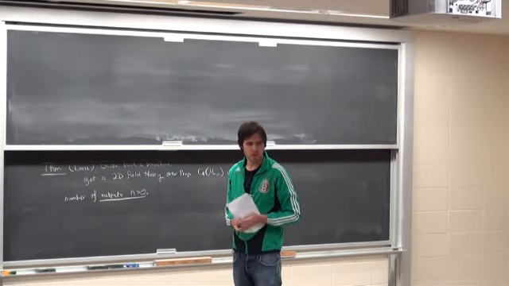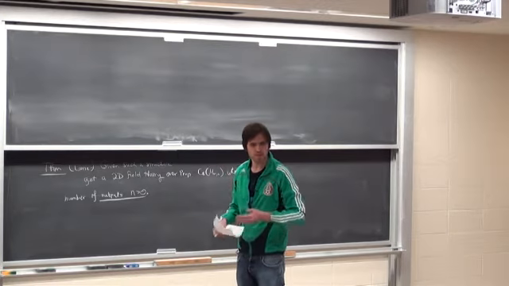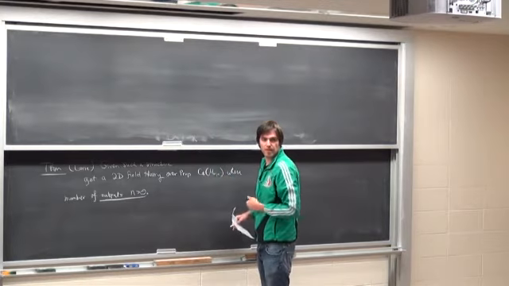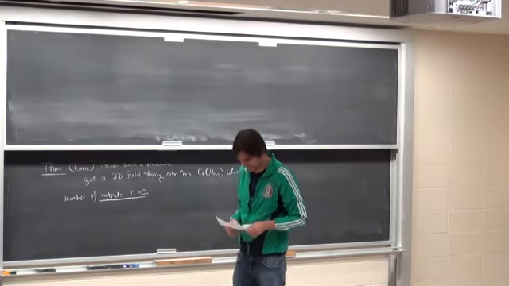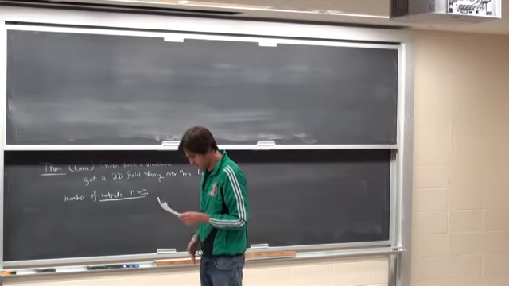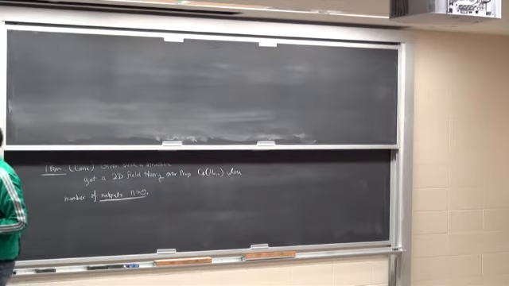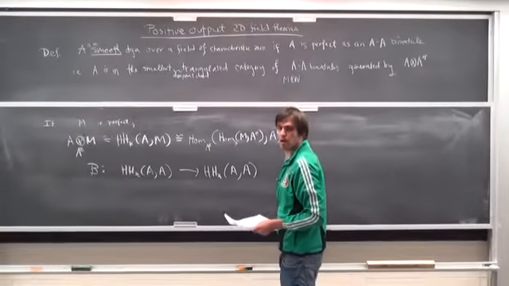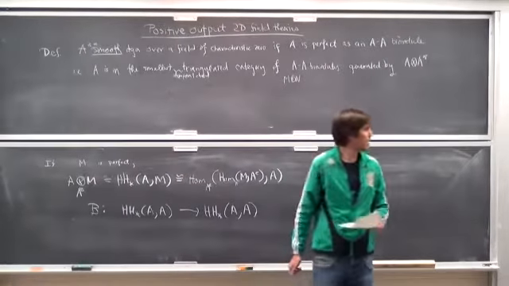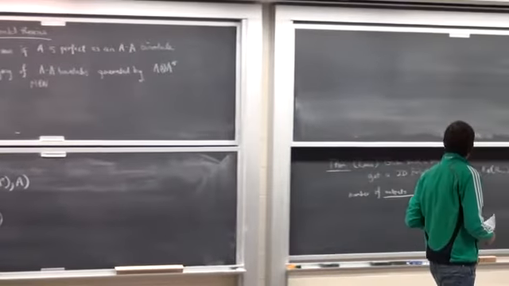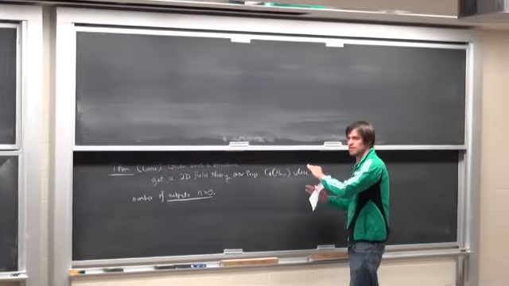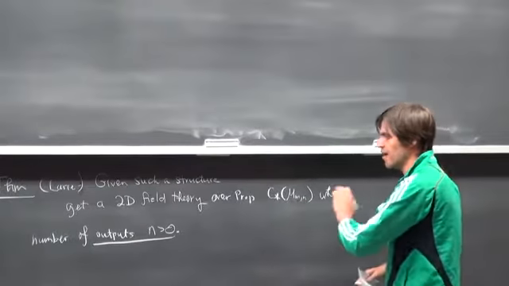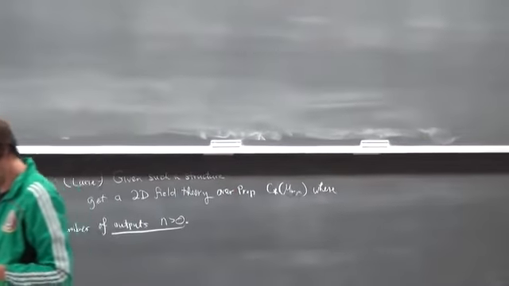So the de Rham complex would satisfy this other definition where you have to have at least one input. To write that down: this is the moduli space of surfaces with n inputs and n outputs.